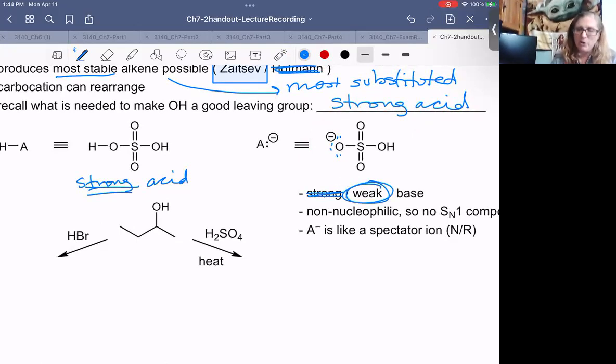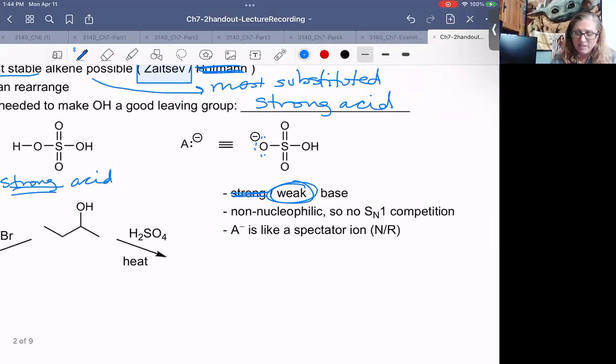So what makes this so super stable? Why is this O- so stable? Because that lone pair is allylic to a pi bond, adjacent to a pi bond, which means it is resonance stabilized. Absolutely. So I can move this lone pair over.